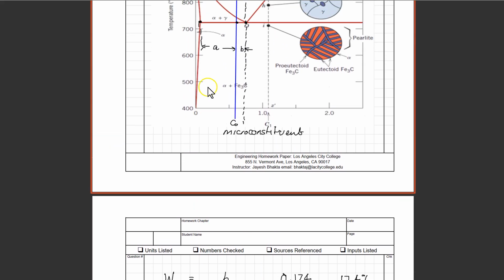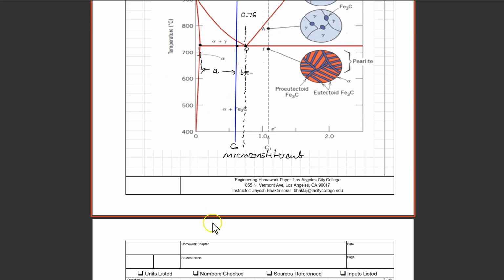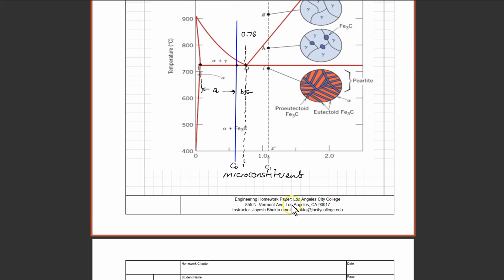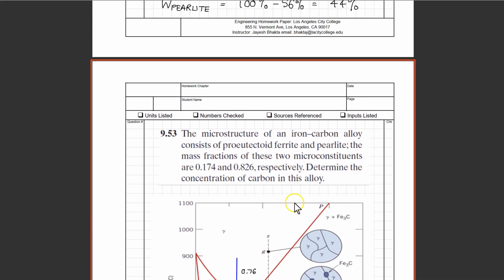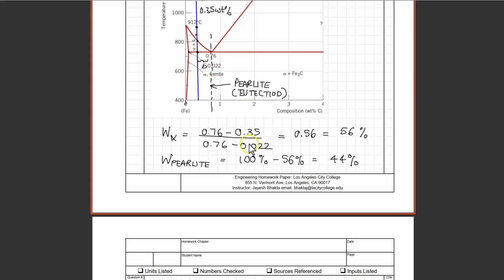And A plus B is going to be 0.76 minus the composition right here, which, if we go back to the previous problem, is 0.022.